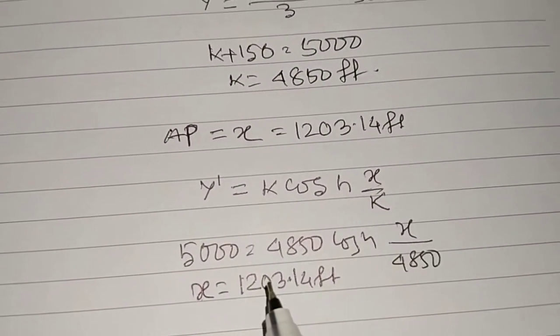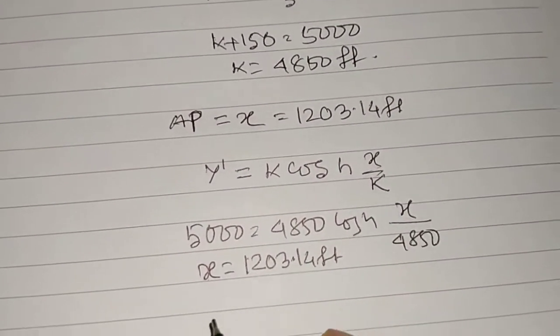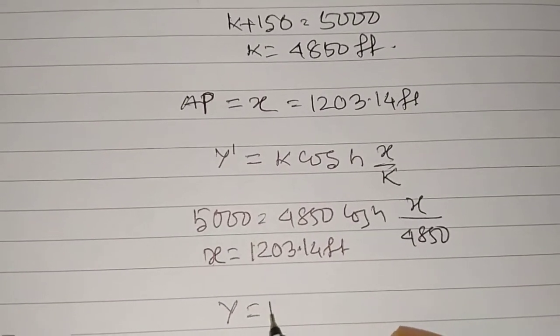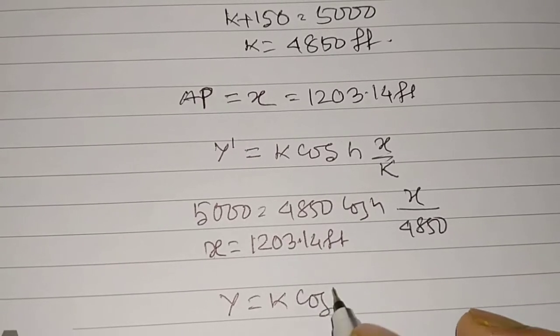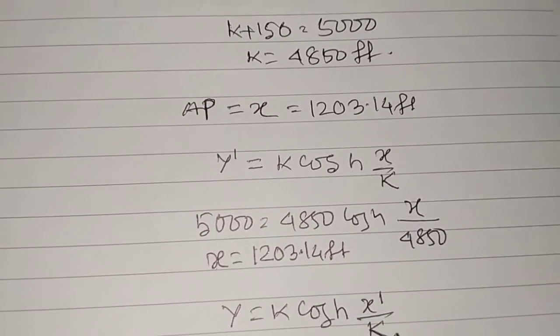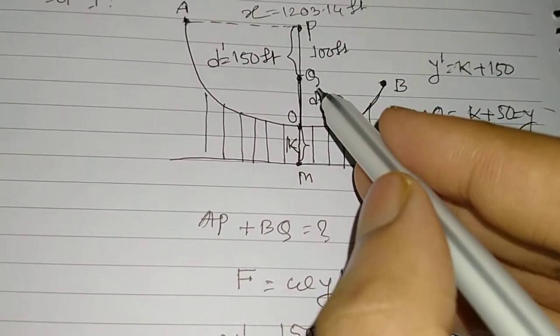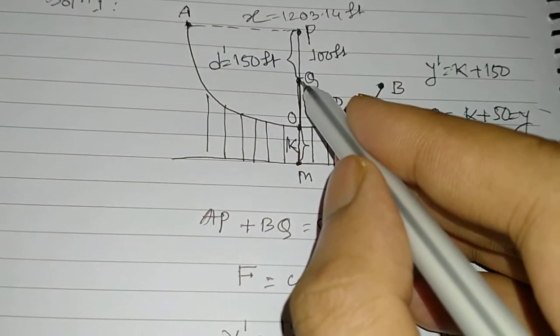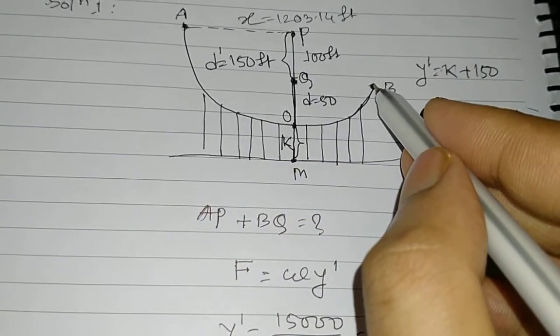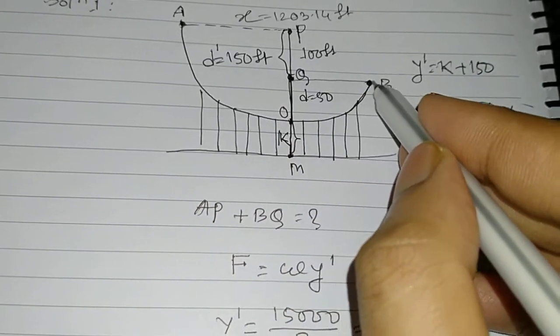And now for the same catenary, the equation is y equals k cosh of x prime by k, where BQ, the distance from point Q to point B, is called x prime.